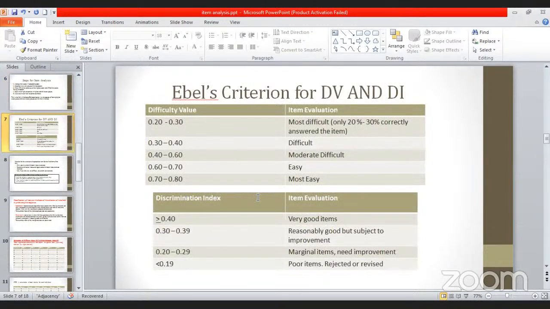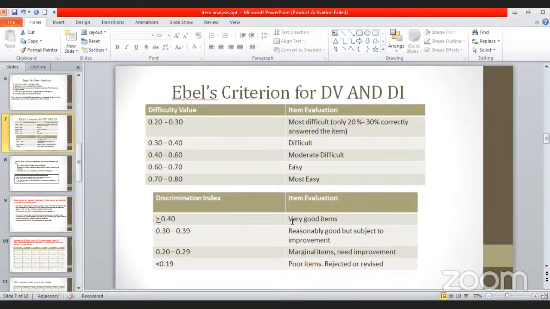And these are Abel's criteria. 0.20 to 0.30 means that the item is most difficult because only 20% to 30% of the examinees can answer the item correctly. 0.30 to 0.40 is difficult, 0.40 to 0.60 is moderate, 0.60 to 0.70 is easy, and 0.70 to 0.80 is most easy, because 70% to 80% of the examinees can answer the item correctly.